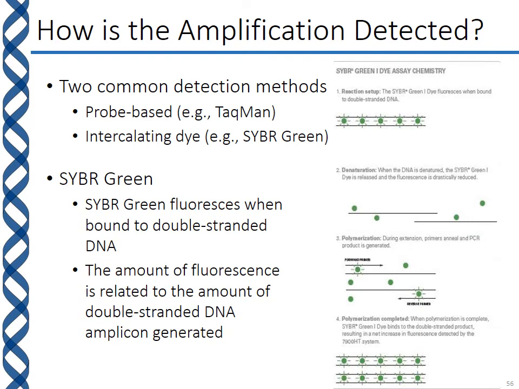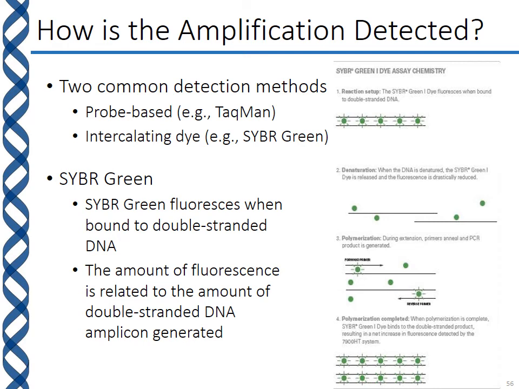So the other method is the intercalating dye method, and as I mentioned, SYBR Green is probably the most commonly used intercalating dye for qPCR. So SYBR Green will fluoresce when it is bound to double-stranded DNA, and the word intercalating means that it actually fits in between the two different strands of the DNA.